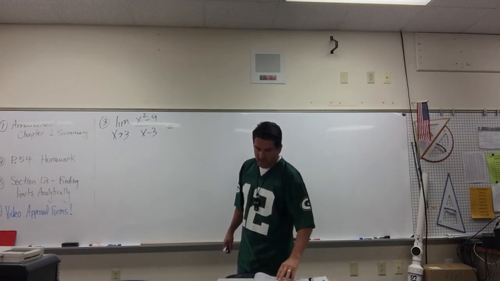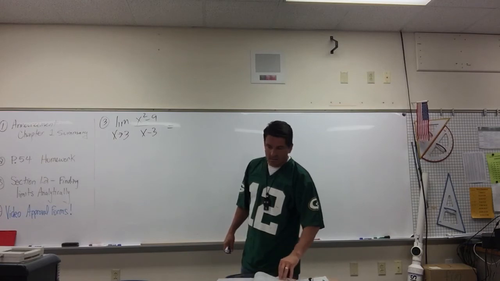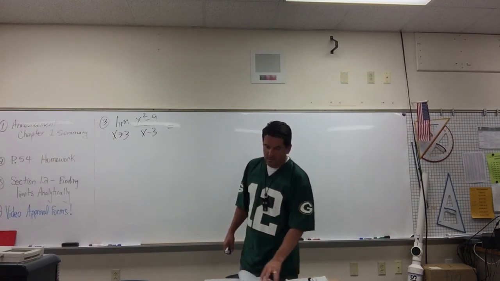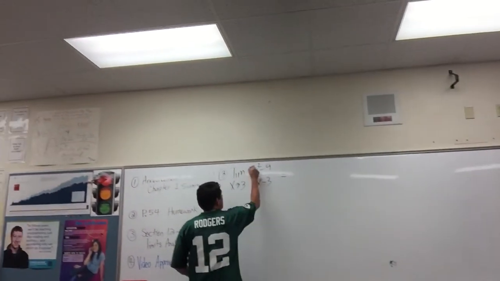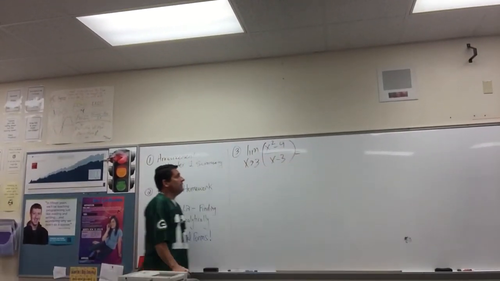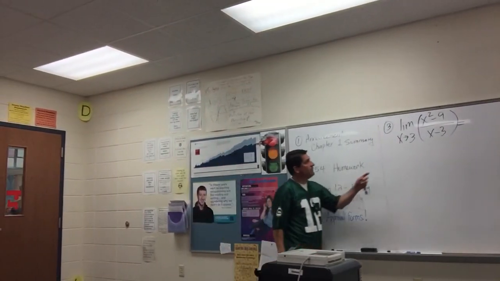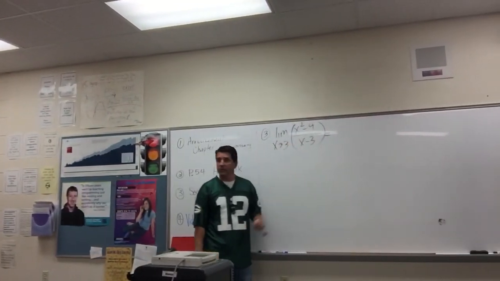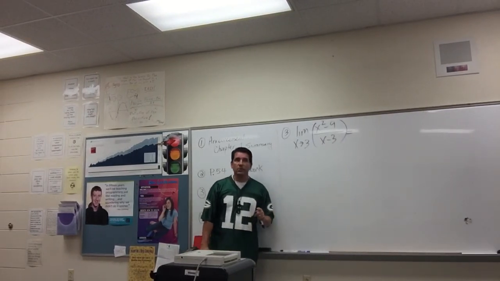Is there a name for this? It's called a rational function. Rational functions are functions that are made up of a fraction where there's one function in the numerator and another function in the denominator. Okay, does this thing have any holes or asymptotes or jumps?